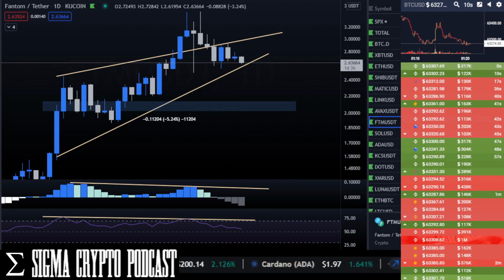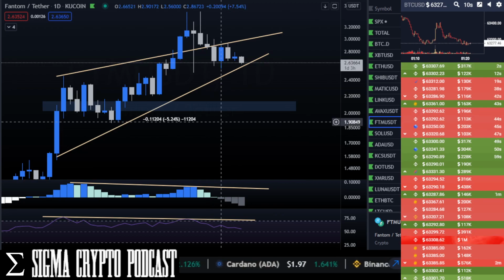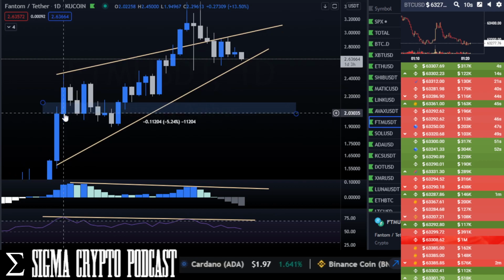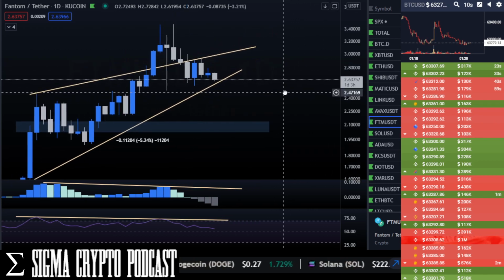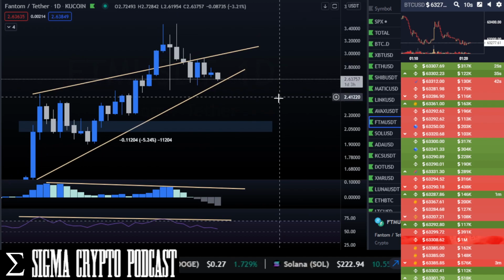Pennies. I mean, if you zoom out, what I do see is, let me use the magnet tool and draw a horizontal line. I see basically $1.99. That was a resistance level that was treated as support historically, right?